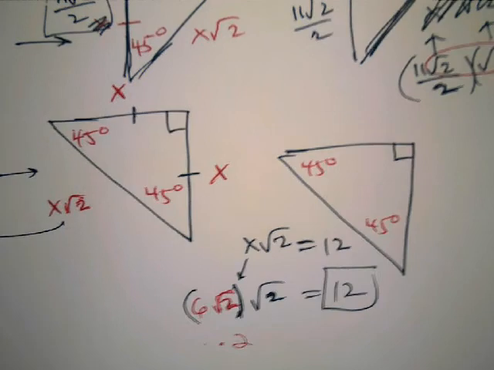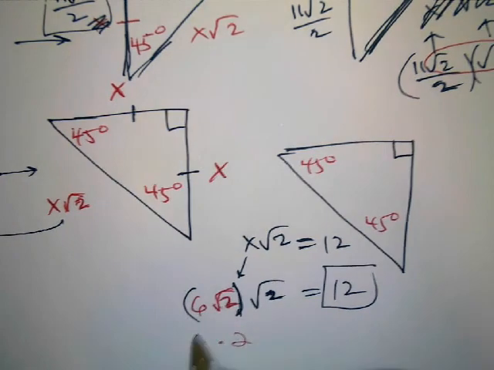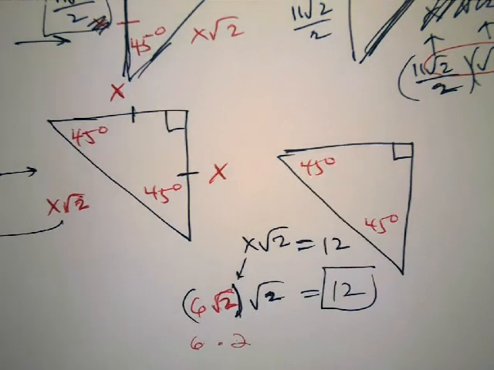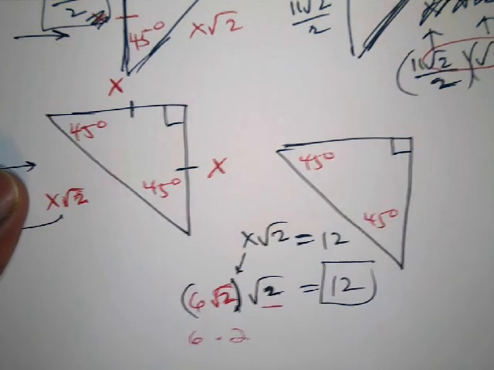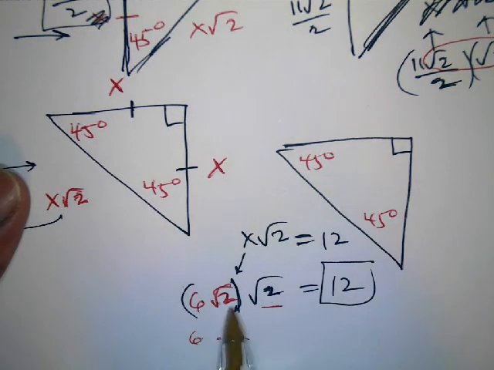Now you ask yourself, 2 times what number gives me 12? 6. Isn't this another way of saying 6 times 2? Yeah. 6 is here, and where's my whole number 2? Well, one root 2 doesn't make your whole number 2. Part of your answer has to have the other one.